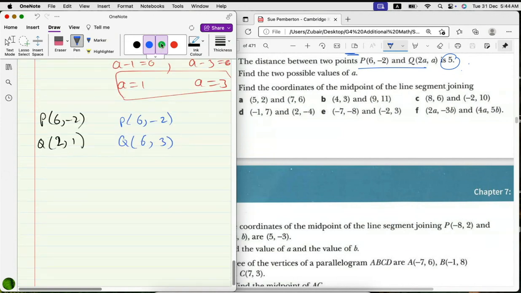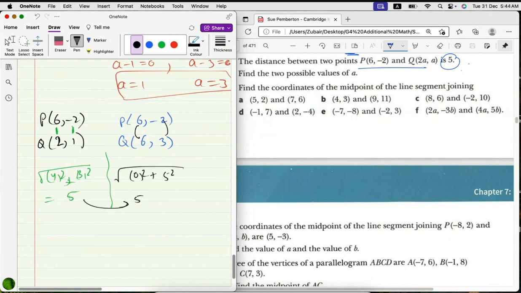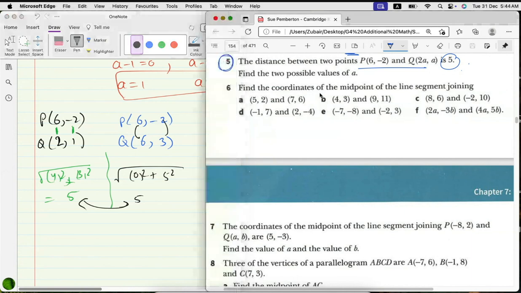A quick check: change in x is 4 and change in y is 3. So 4 square plus 3 square is 25, and the final answer is 5. Now see, change in x is 0 and change in y is just 5, so the difference is 5. So yes.